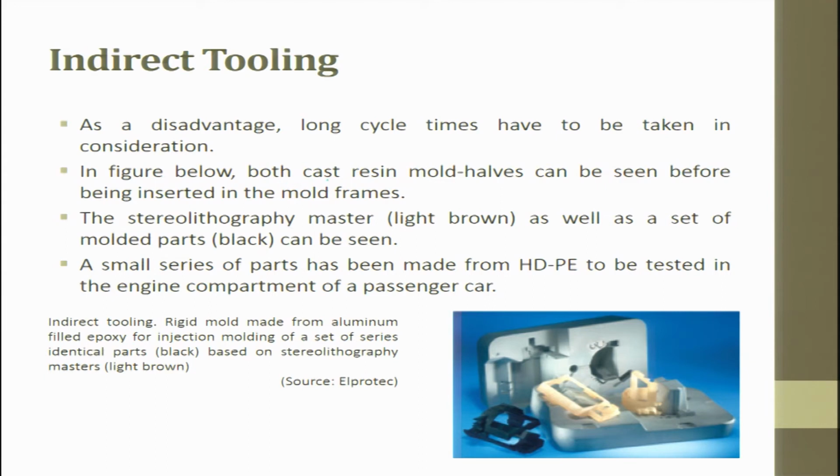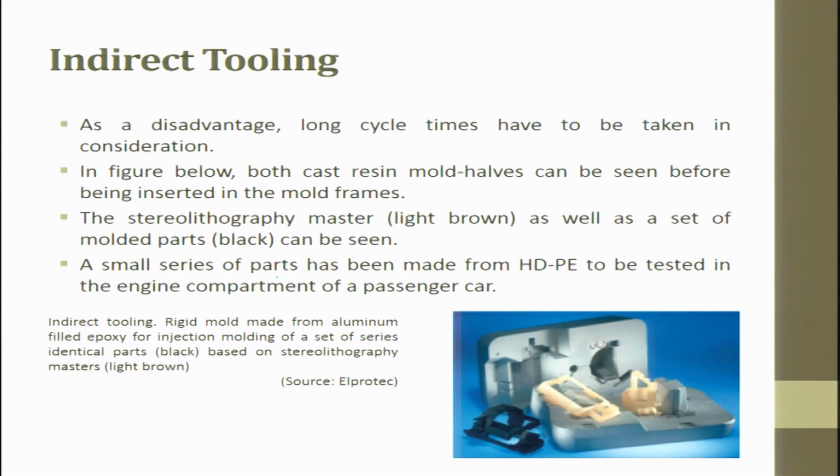Both cast resin mold halves, these are 2 halves, can be seen before being inserted in the mold frame. Okay. The stereolithography master, light brown, as well as the set of mold parts, black, can be seen before getting inserted.